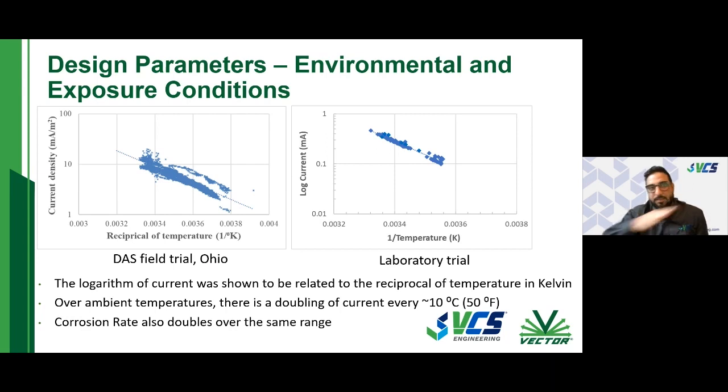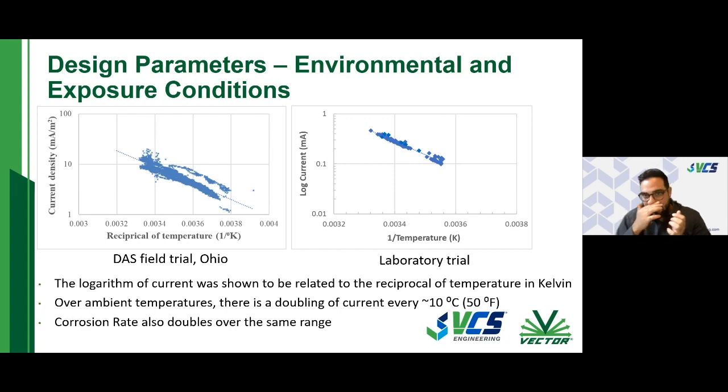And so we can see there's a linear relationship there. And we could see from this result that as the temperature increased every 10 degrees Celsius or 50 degrees Fahrenheit, our current output from the anodes almost doubled.